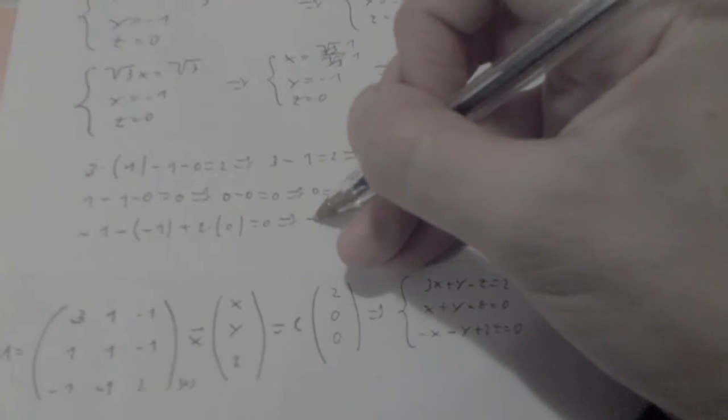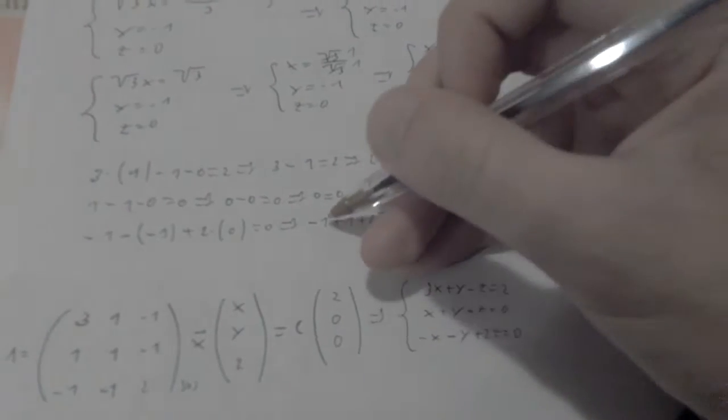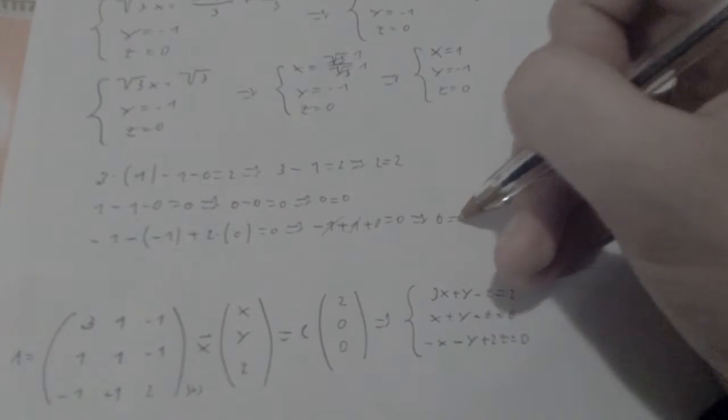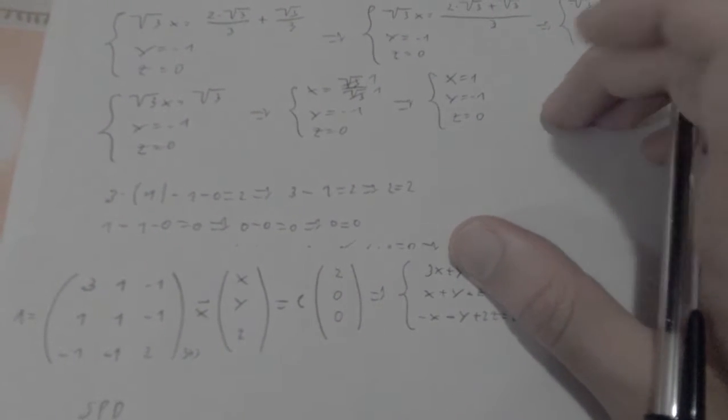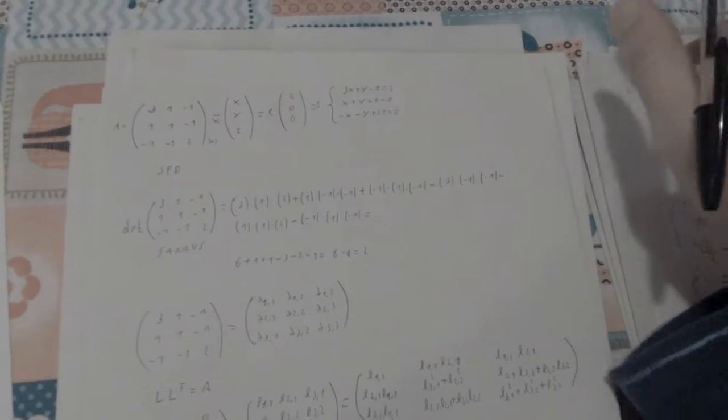So we basically get negative 1 plus 1 plus 0 equal to 0. Negative 1 plus 1 cancel out, and so 0 equal to 0. So it's verified. Our solution x equal to 1, y equal to negative 1, z equal to 0 is verified, and therefore our system of linear equations is solved using the Cholesky decomposition.